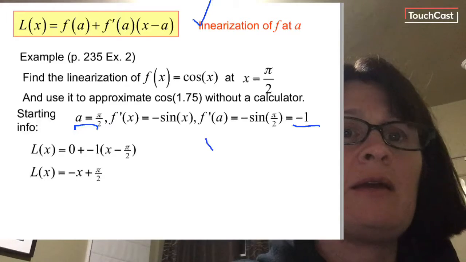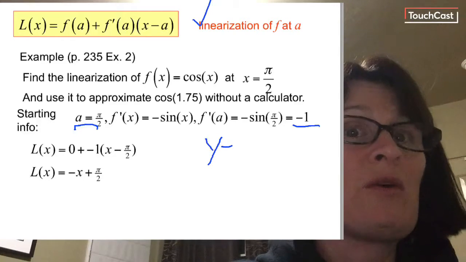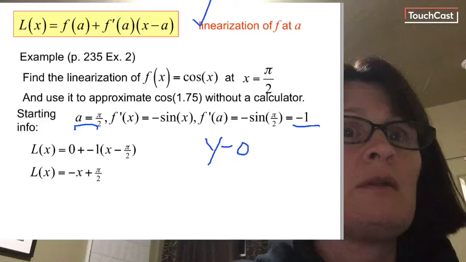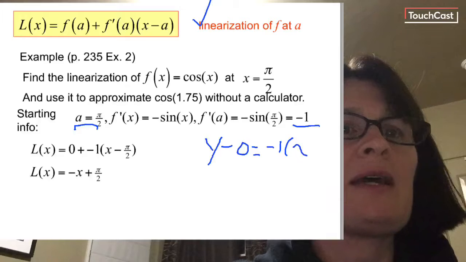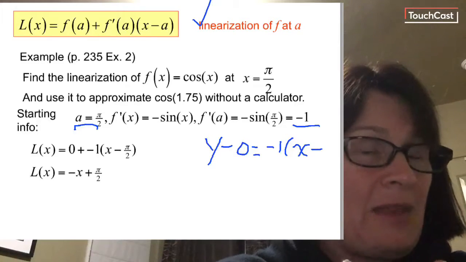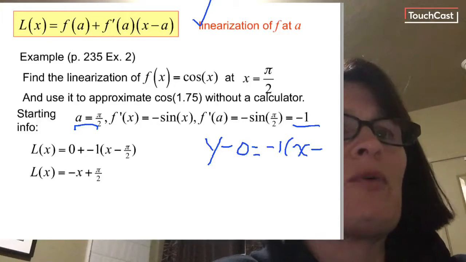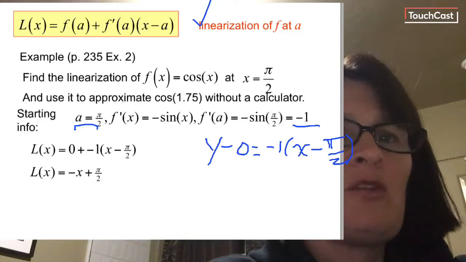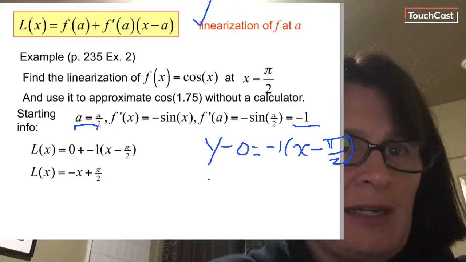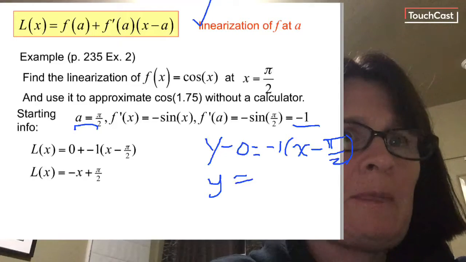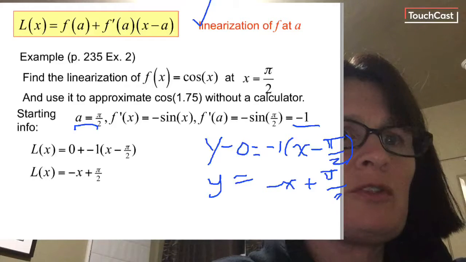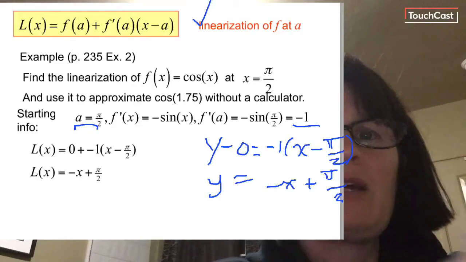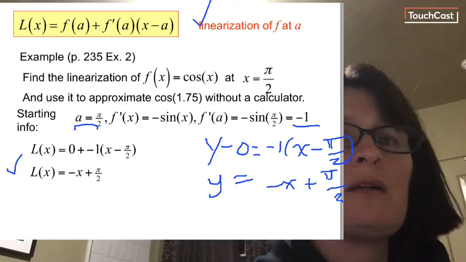This is going to be y minus y1, which we said was 0, equals the slope, which is negative 1, times x minus my x1 value, the x coordinate of my point that I know is pi over 2. That's pretty easy: add the 0 to both sides, and I'm going to get y equals negative 1 times x, which is negative x, plus pi over 2. Okay, which is what we have over here if you'd use that formula.